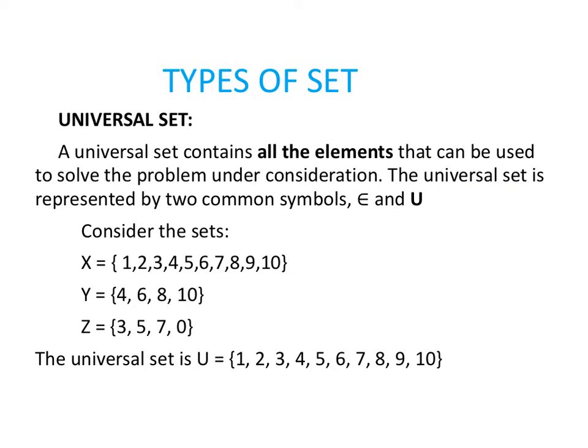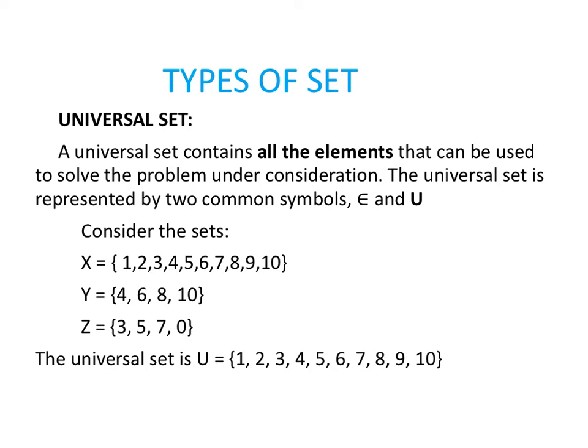We go into the types of sets. Number 1, we have universal sets. A universal set contains all the elements that can be used to solve the problem under consideration. So, a universal set is that set that contains all the elements that can be used to solve the problem under consideration.